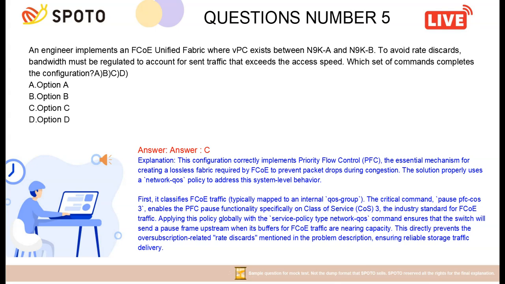The critical command, pause pfc-cos 3, enables the PFC pause functionality specifically on class of service, CoS 3, the industry standard for FCoE traffic. Applying this policy globally with the service-policy type network-qos command ensures that the switch will send a pause frame upstream when its buffers for FCoE traffic are nearing capacity. This directly prevents the oversubscription-related rate discards mentioned in the problem description, ensuring reliable storage traffic delivery.